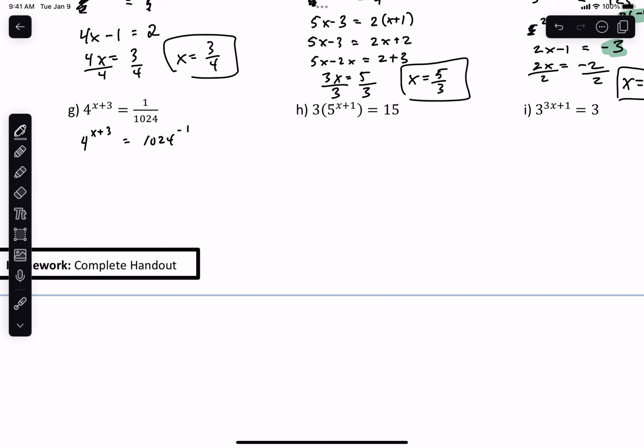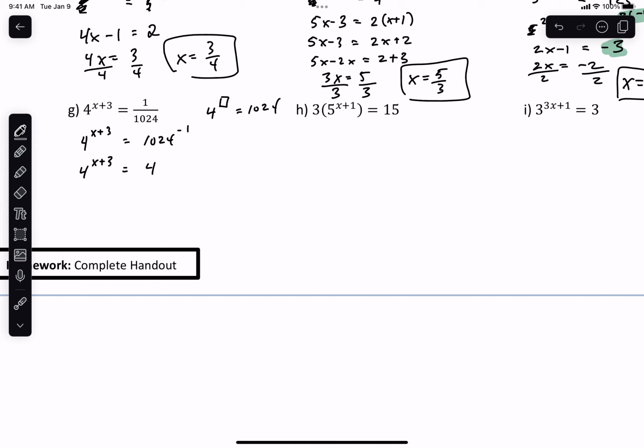I need 4 to the power of something. This is maybe where you're going to need your calculator. 4 to the something is going to be 1,024. I don't know what that something is. How could you figure that out quickly? 4 times 4 times 4 times. Okay, I suppose.